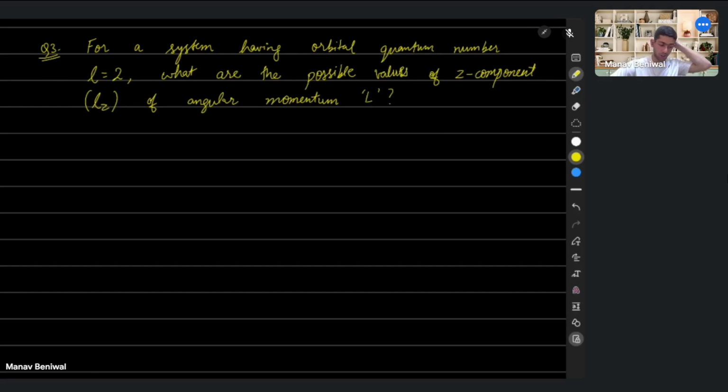Okay, so we are given a system and it is defined by the quantum number L equals 2. L equals 2 corresponds to the d orbital.